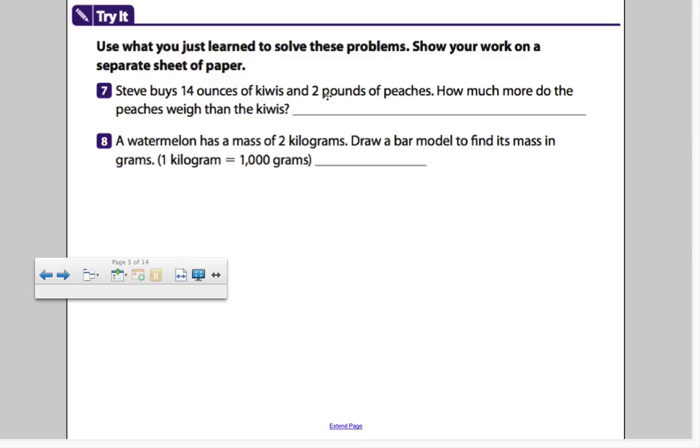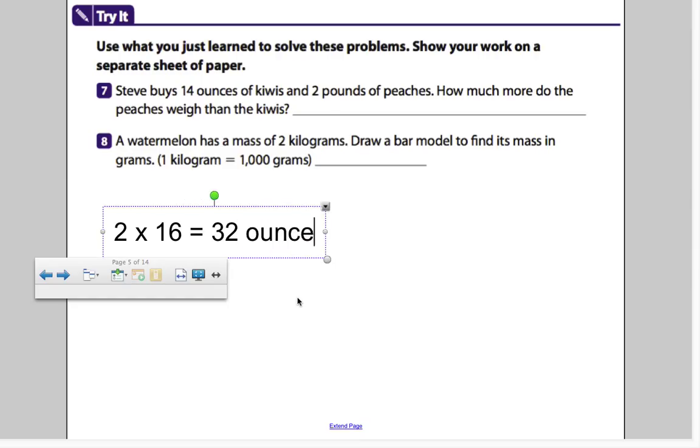But you can turn pounds into ounces with that magic conversion number of 16. So we'll simply do 2 times 16. If you can't do that on your own, you might want to pause the video and do a little adding or multiplying on a piece of paper. But 2 times 16 is not so hard. It's 32.